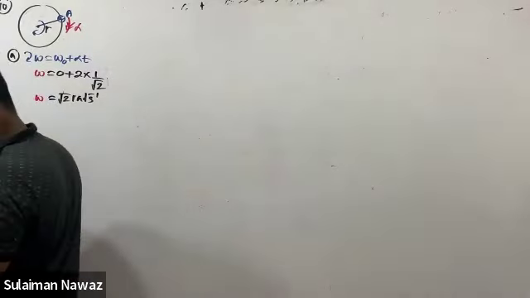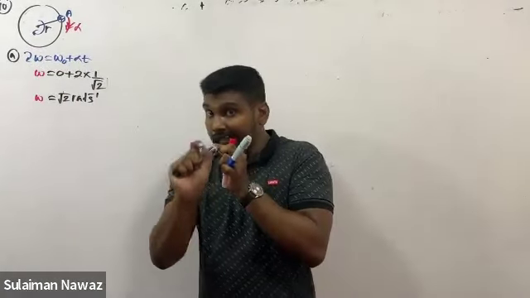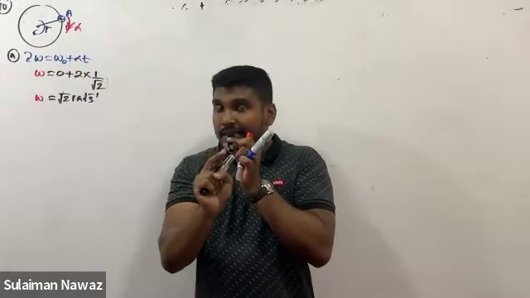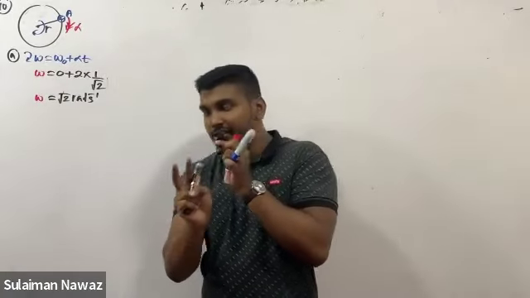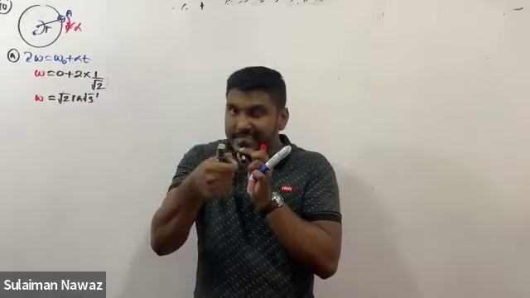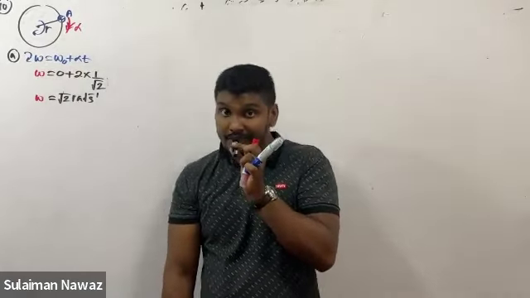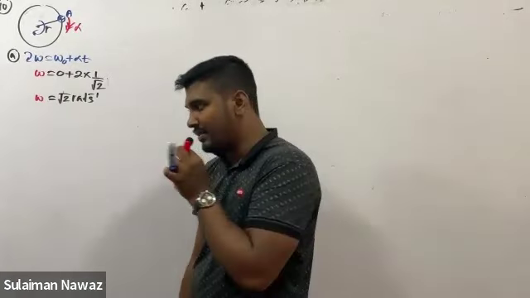Part B, centripetal acceleration of the particle. Last day we learned what centripetal acceleration is, and two equations for it. One is a_c equals v squared over r. From that equation we derived another, r omega squared.